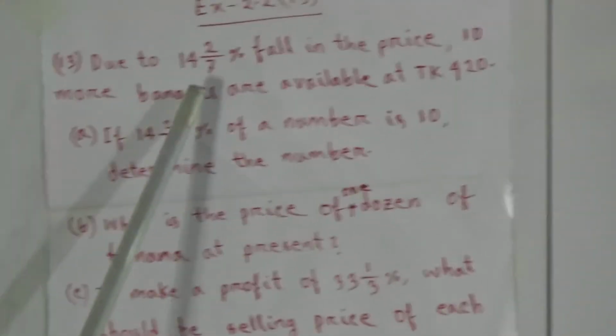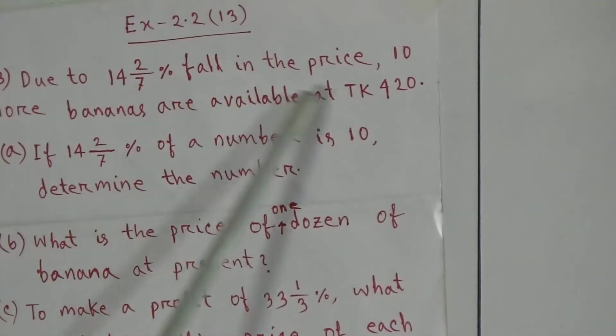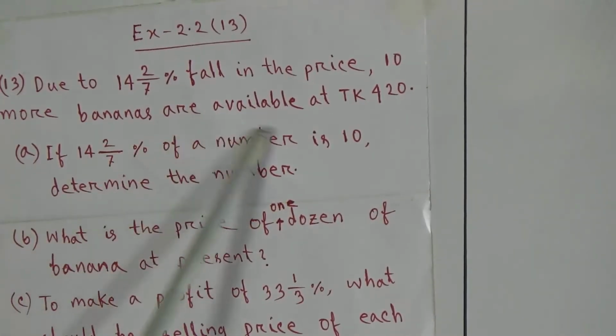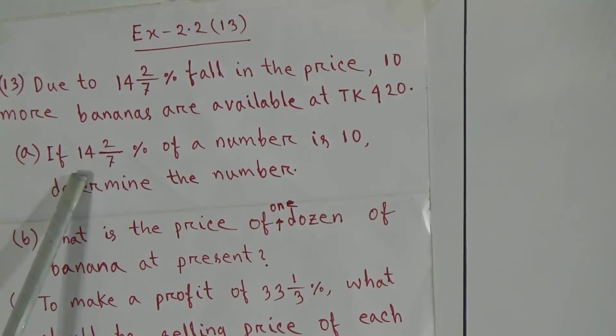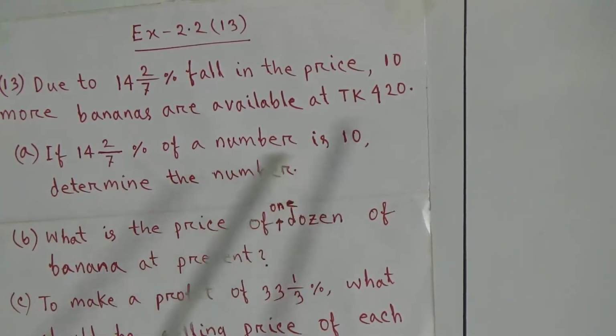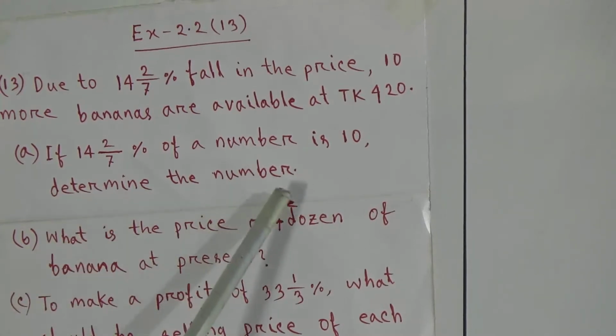Here the question is: due to 14 whole 2/7% fall in the price, 10 more bananas are available at TK 420. A number question: if 14 whole 2/7% of a number is 10, determine the number.